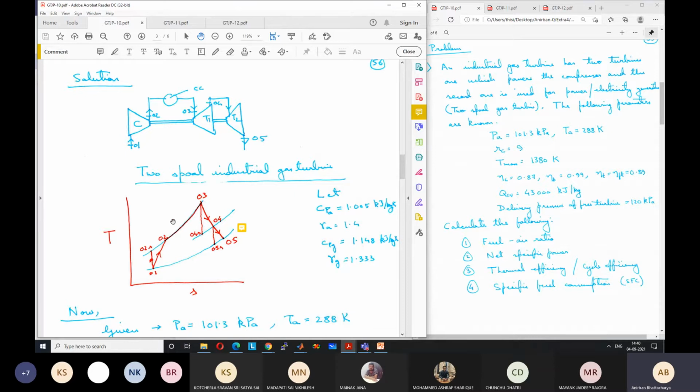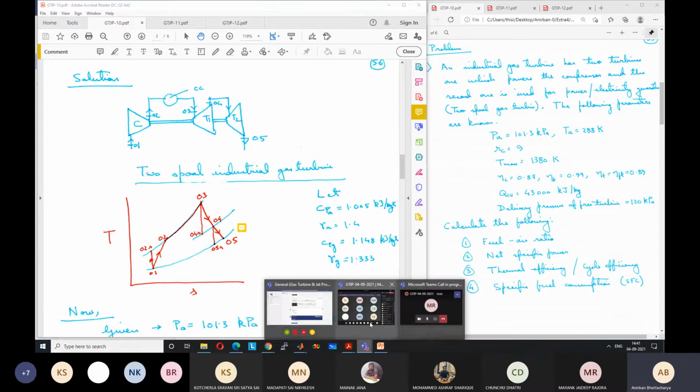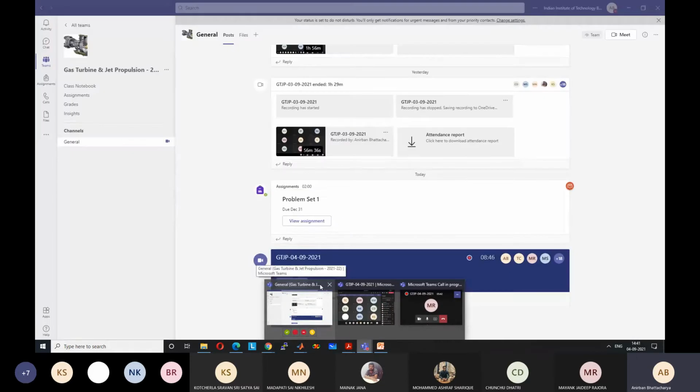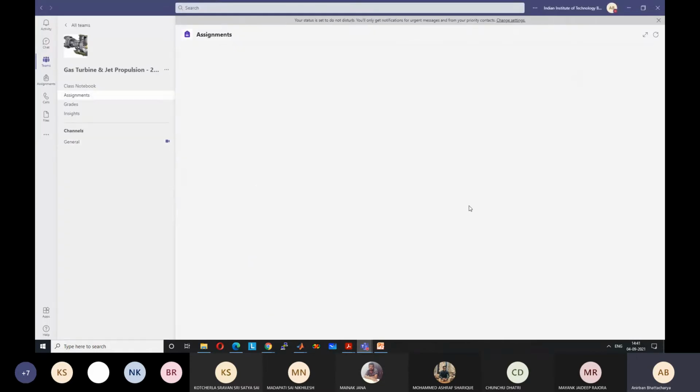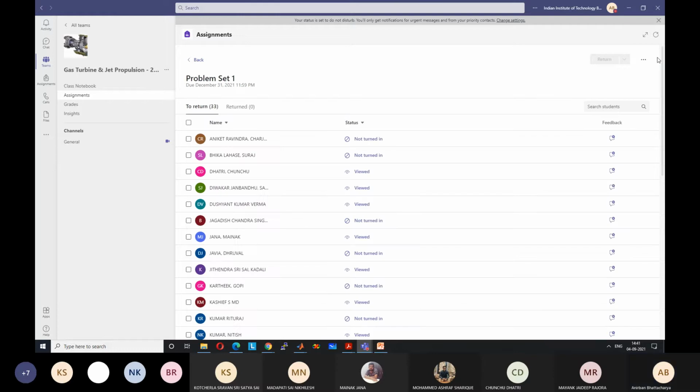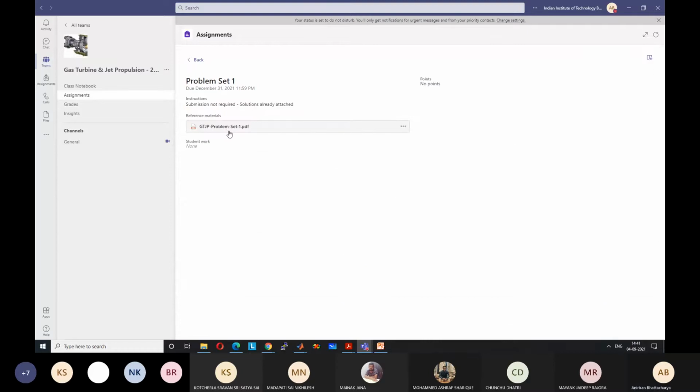I have uploaded a few problems, actually different versions of the same problem, so that you can compare different cases. What is the effect of regenerator? What is the effect of reheat? What is the effect of intercooling? For real cycles, you should do this. I have posted it as an assignment, but you don't have to submit it. You can first try to solve them on your own, and then take a look at the solutions that are provided.